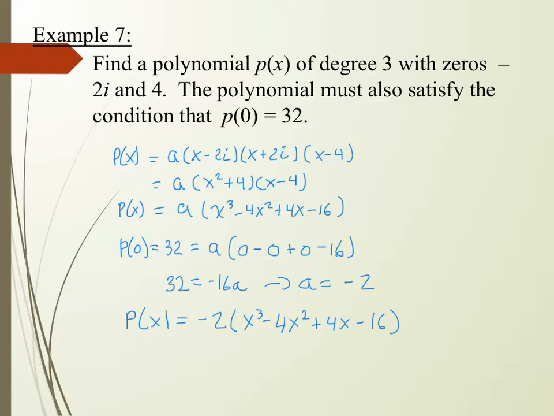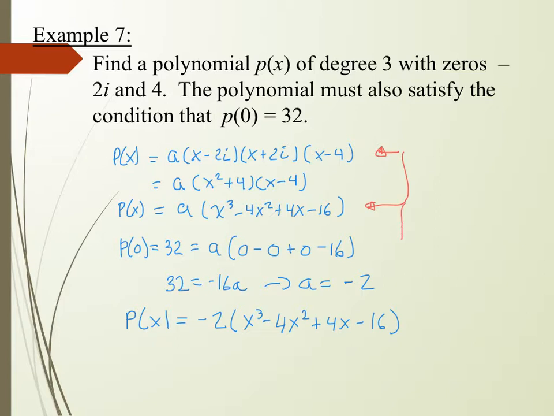So in this case, we have p of x is equal to a times x plus 2i, x minus 2i, times x minus 4. We expand this, we ultimately get a times x cubed minus 4x squared plus 4x minus 16.